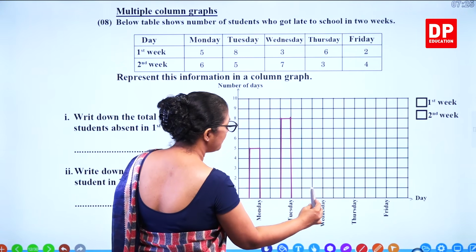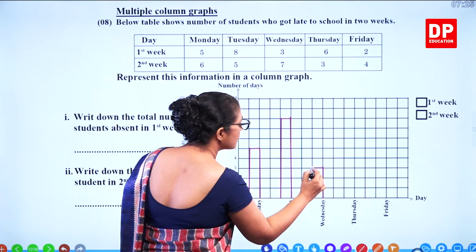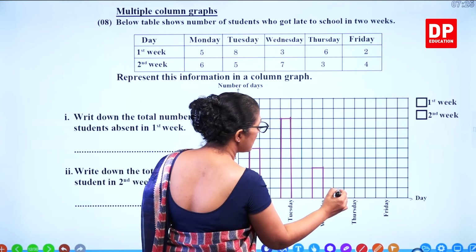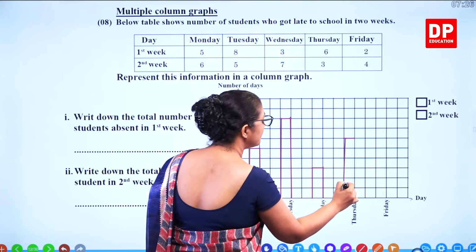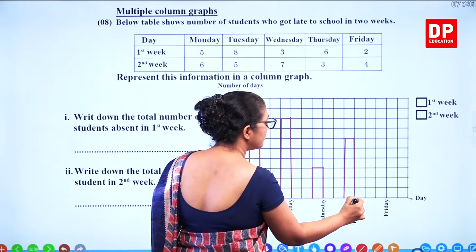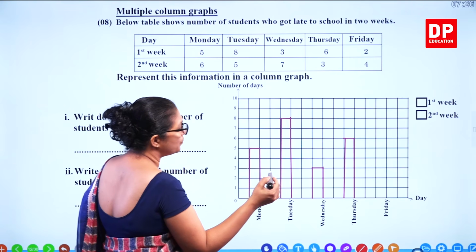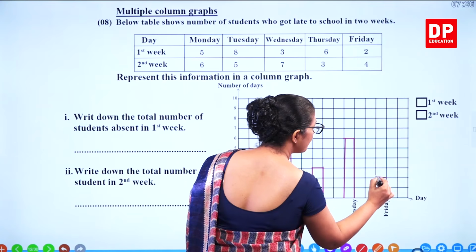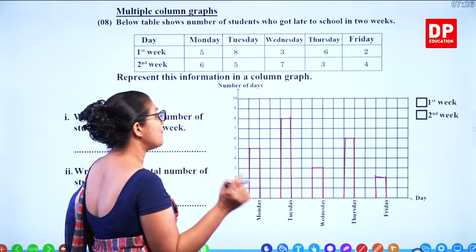Gap should be the same. Wednesday 3. And Thursday 6, here. And Friday 2, here. That's the first week value.